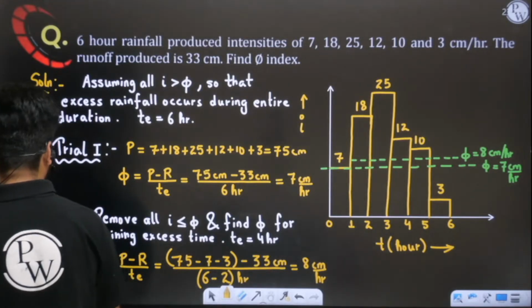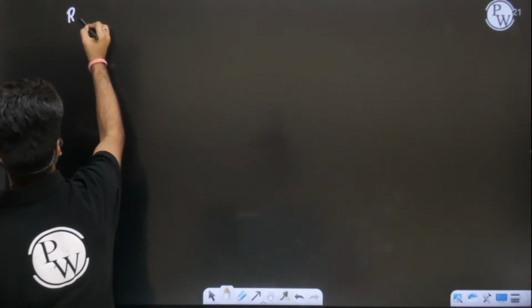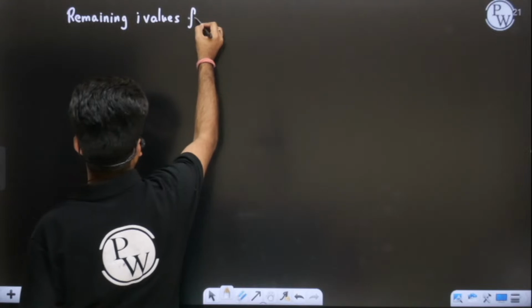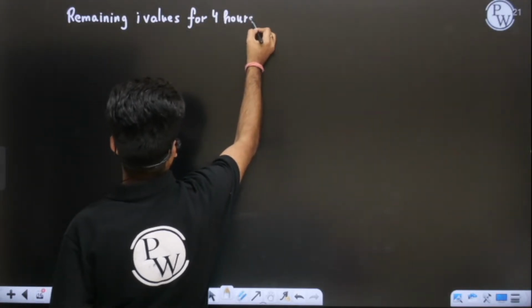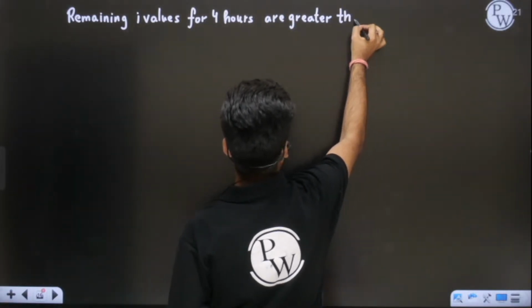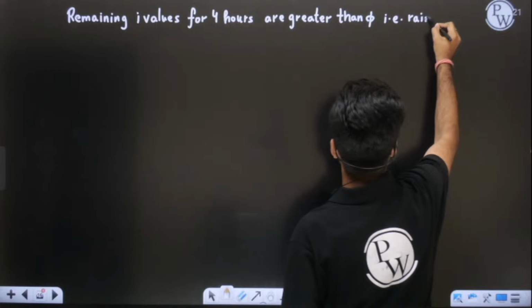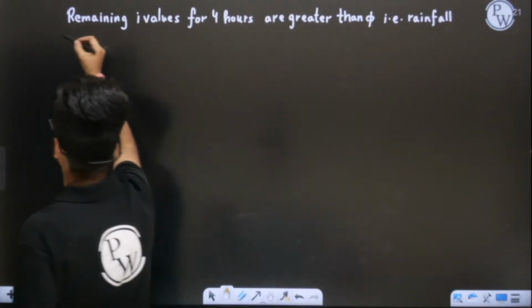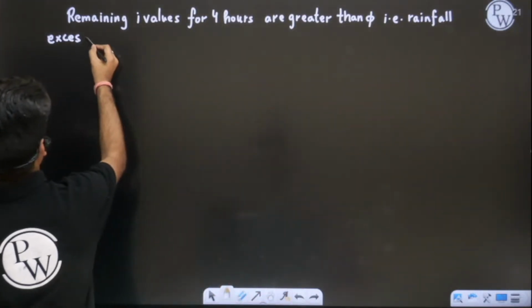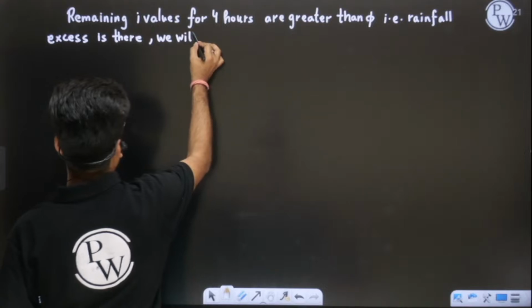I will write here that for the remaining 4 hours, the I values are greater than phi, that is, excess rainfall is there, so we will stop the trial.